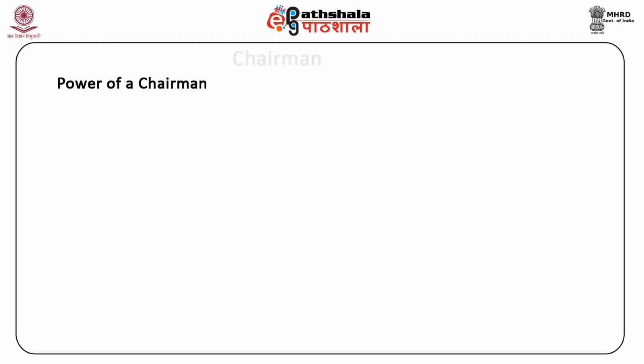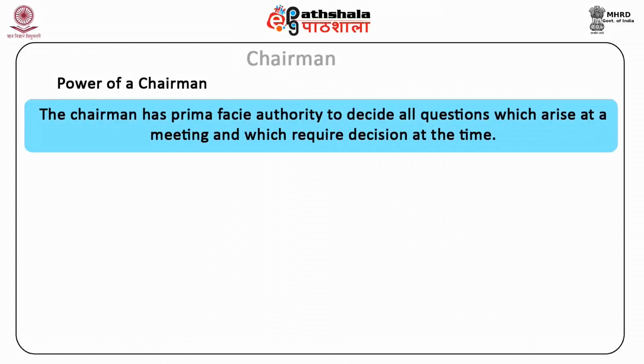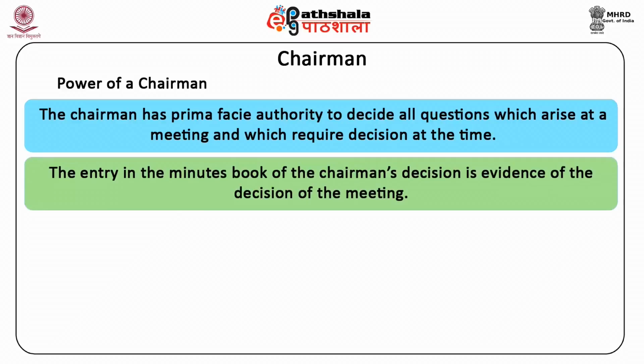Power of a chairman. First, the chairman has prima facie authority to decide all questions which arise at a meeting and which require decision at the time. Second, the entry in the minutes book of the chairman's decision is evidence of the decision of the meeting.